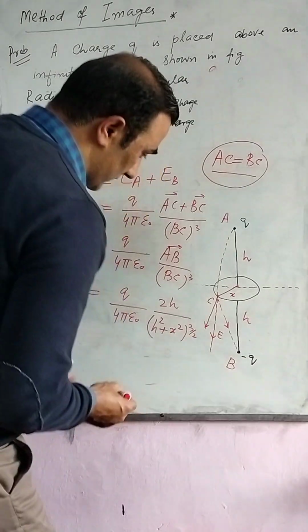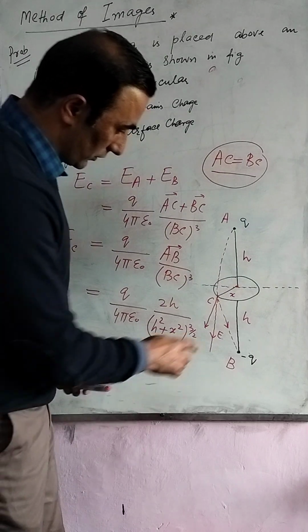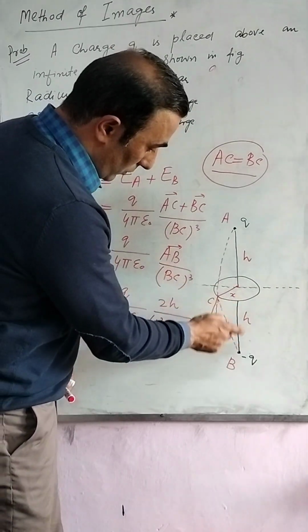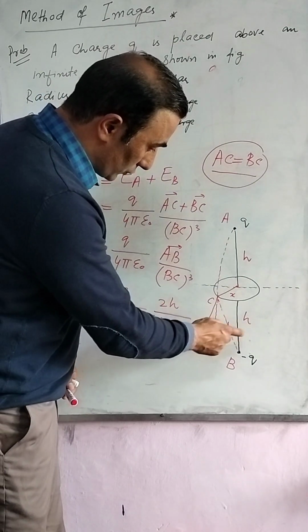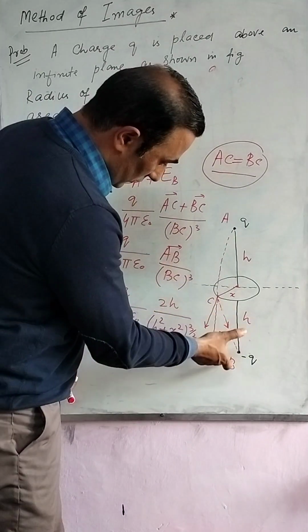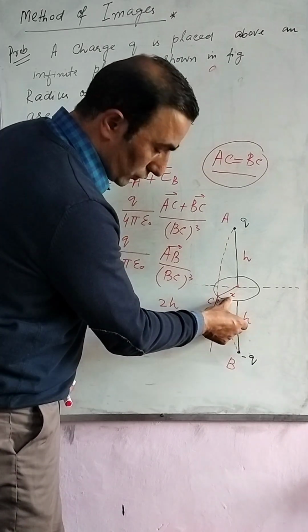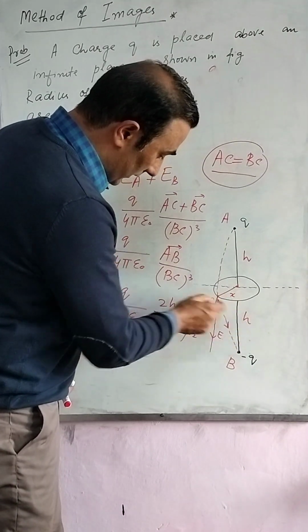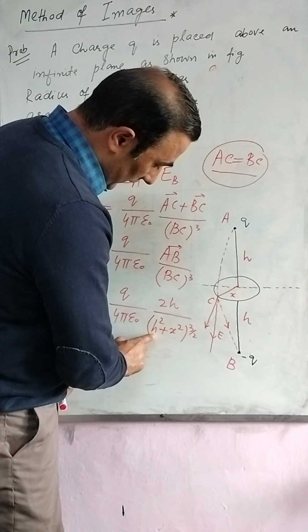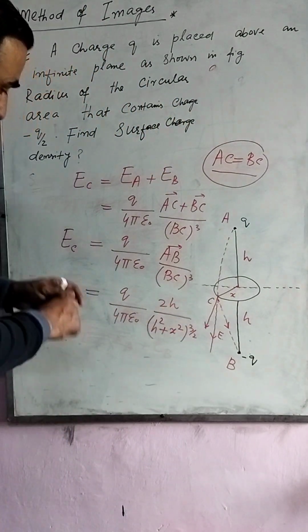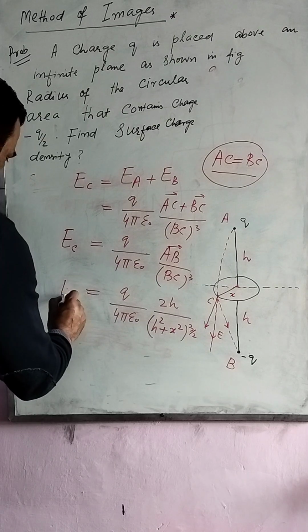Because this is simply the magnitude. You are taking the mod of BC, so mod of BC will be the square root of x square plus h square, because you are taking this distance, right? And it is already cubed here, so it will be (h square plus x square) raised to power 3 by 2. So this is our EC.